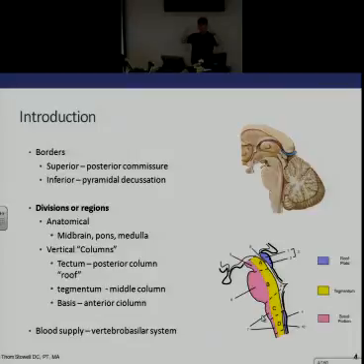The brainstem is a conduit. Things are going all the way through it, whether it's going up or down, and things are emerging and starting in and out of it. So you'll find different structures in the anterior, middle, and posterior. But that's where the terminology comes from. Sometimes you'll hear tectum or tectal, that's what it's referring to.